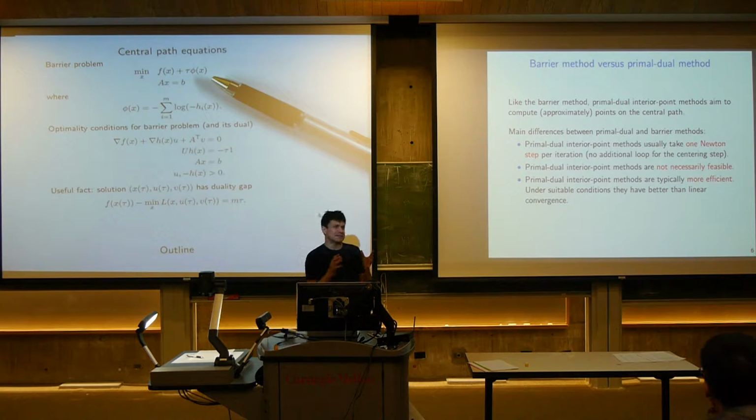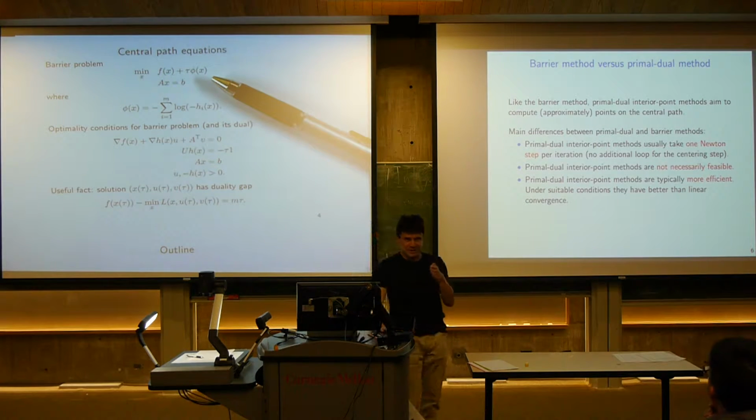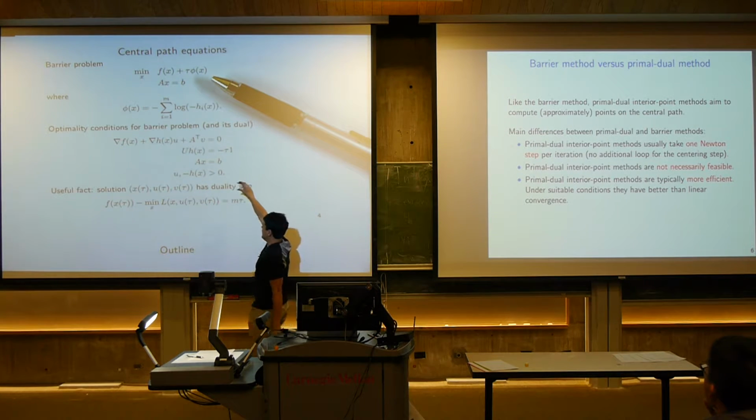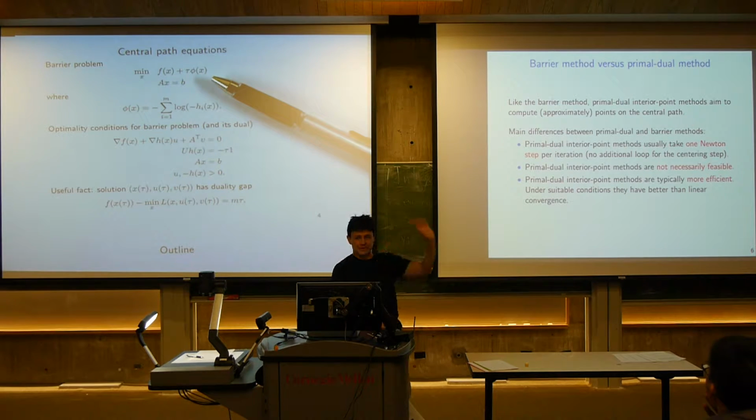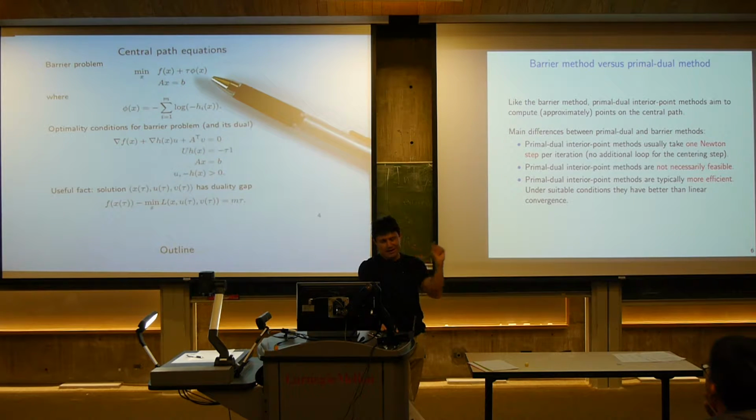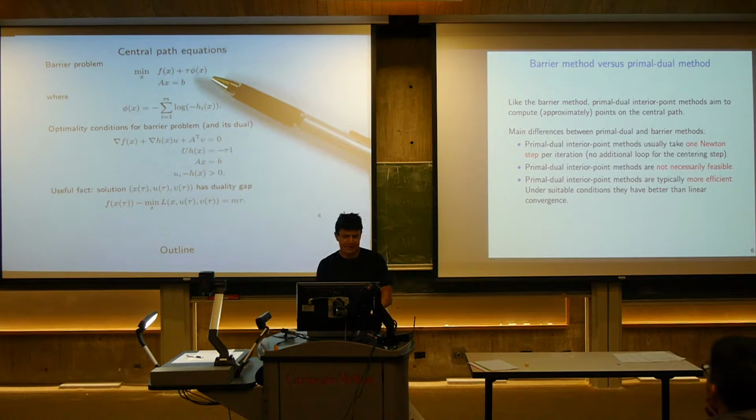The only constraints that we will enforce for sure at each iteration are these constraints. But we are not going to enforce any of the other constraints. In principle, when you are dealing with a barrier method, at the very least, some of those constraints are satisfied.